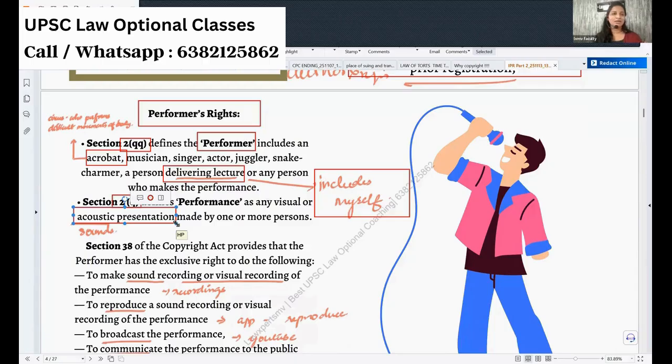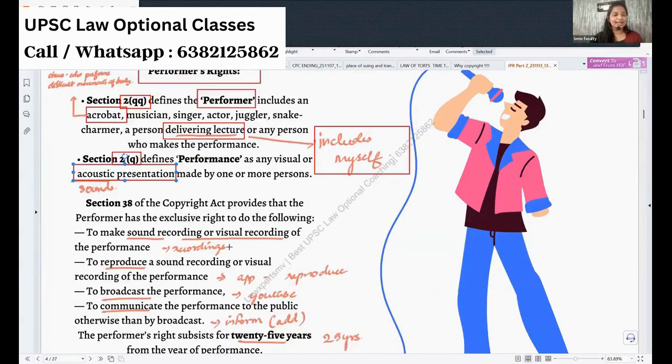So if I am doing any mime, yet I am a performer because visually you are seeing it. And if I'm singing some songs or making any weird noise and it is quite famous, that is also an acoustic performance. So by sounds or visually, if they are doing something, that is called a performance. And the person who is doing that, like an acrobat, musician, singer, actor, juggler, and even one delivering a lecture, is called a performer.